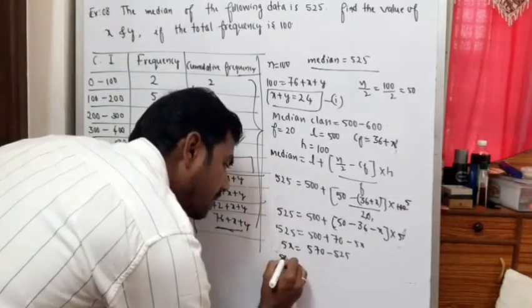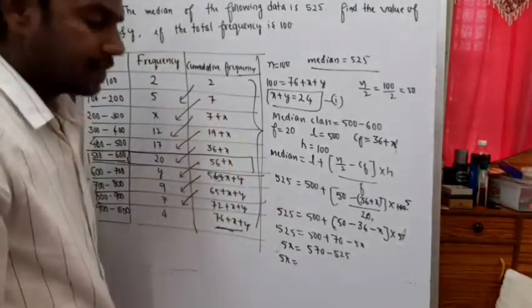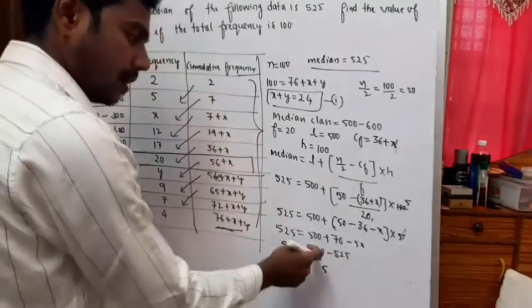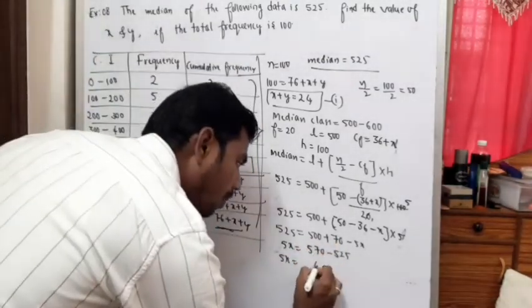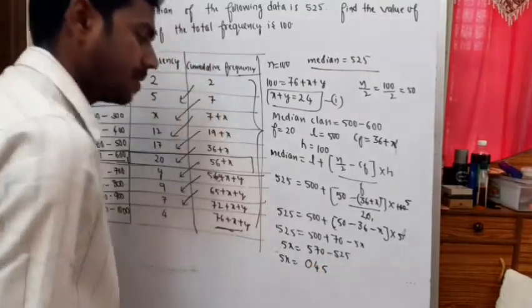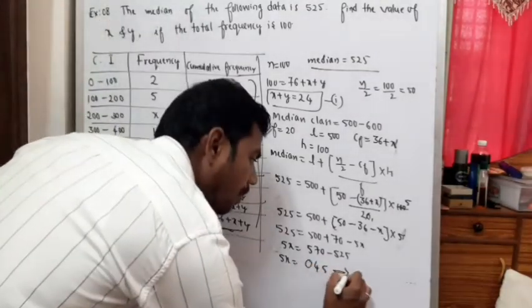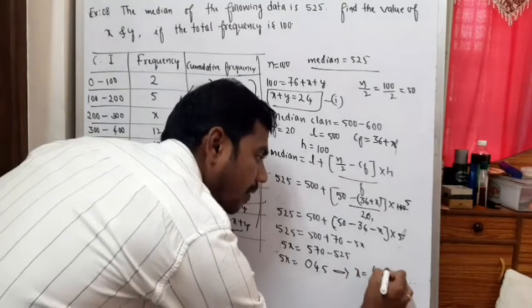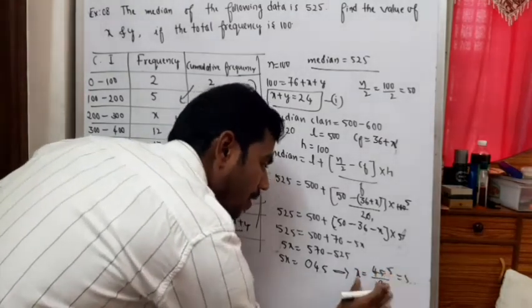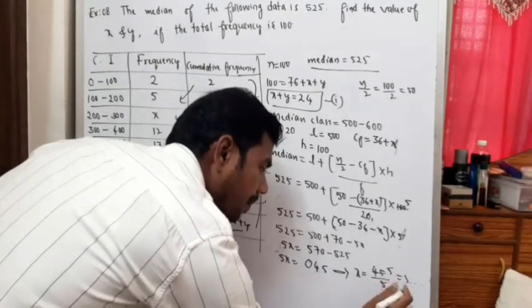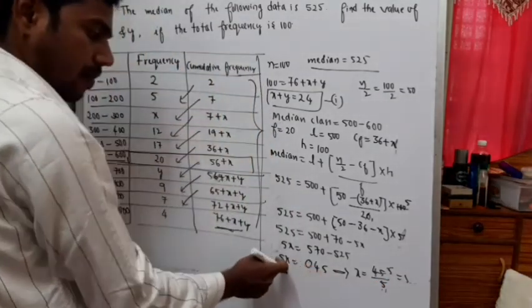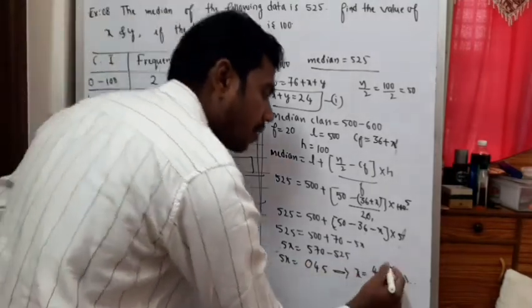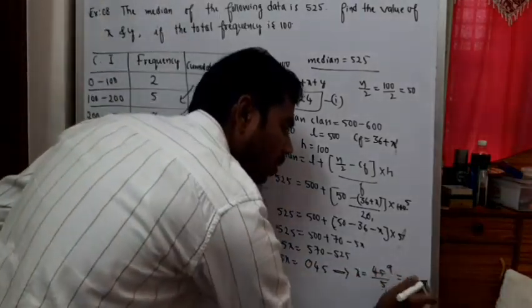Then 5x is equal to 45. Then x is equal to 45 by 5, that is 5 nines are 45. So x is equal to 9.